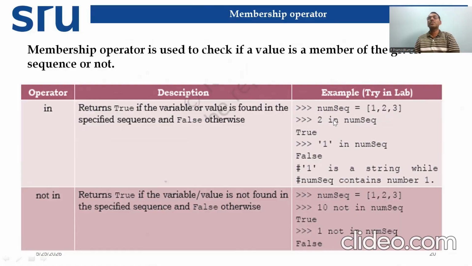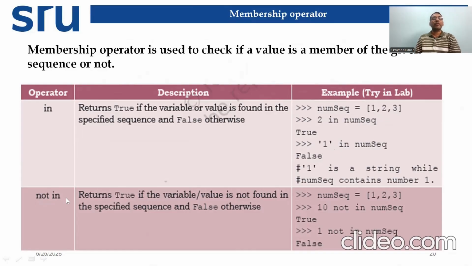As 2 is present in number sequence, it is returning the result as true. Then next example, I would like to check for string 1 in number sequence. I am putting that one inside a pair of single quotes. It is not number 1. It is a string 1. So there is no string 1 present in a number sequence. Hence it is returning the result as false.